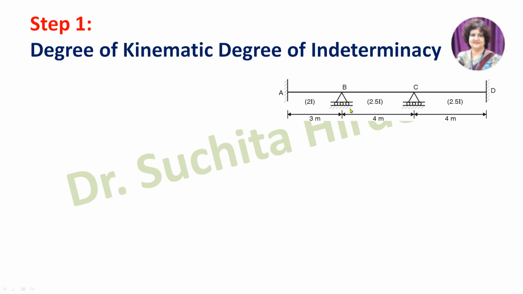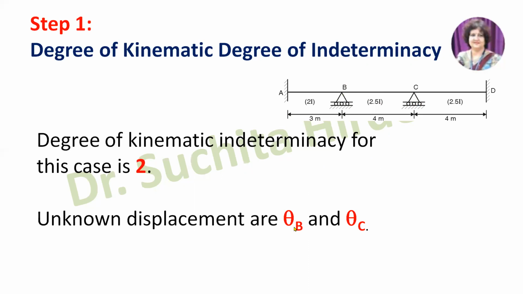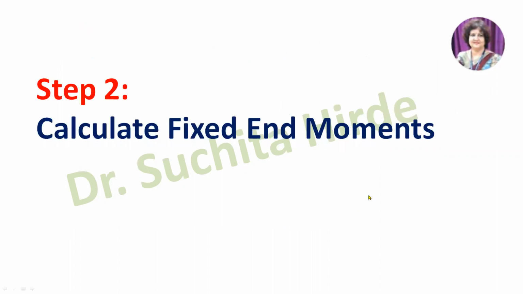In this beam, there are two simple supports, B and C, and therefore the kinematic indeterminacy is 2. So there are two unknowns, which are theta B and theta C. This is the first step to understand what the unknown displacements in the structure are.